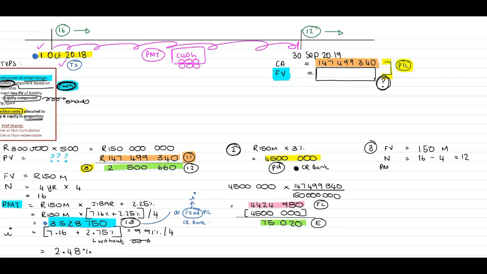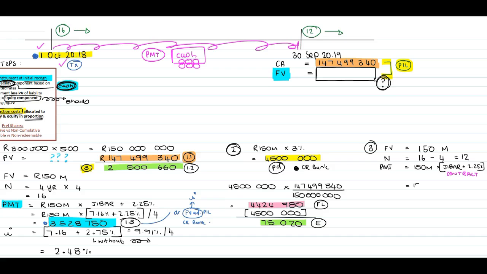Our actual payment will now be the 150 million, remember, times our JIBAR plus the 2.25%, because this section relates to the specific contract. But the JIBAR has changed.